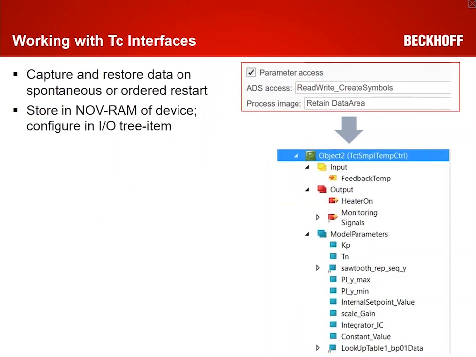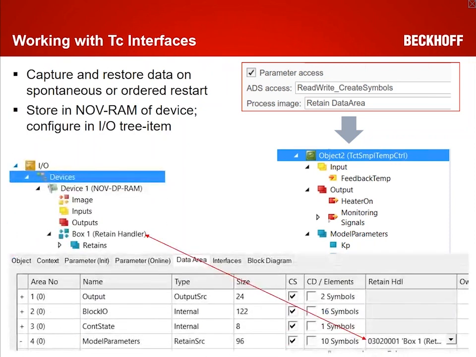We also provide the possibility to use a retained data area, which is basically for capturing and restoring data on spontaneous or ordered restart. We then cyclically store the data in the retained data area in a NOV-RAM of the device, and the NOV-RAM you need to configure in the IO tree.